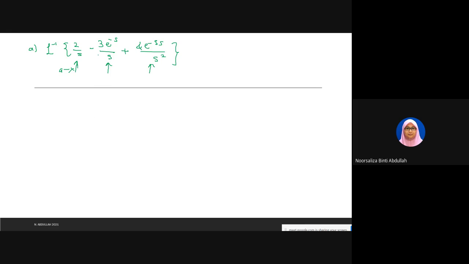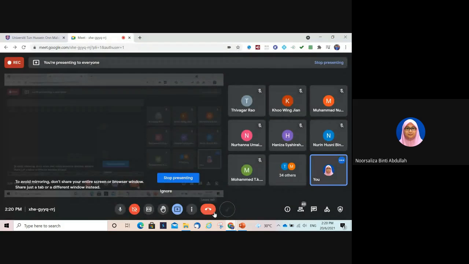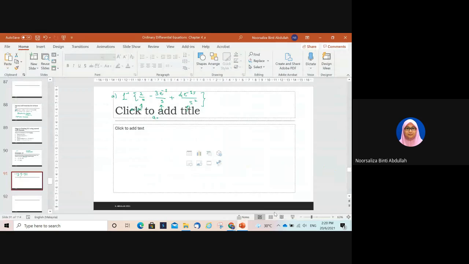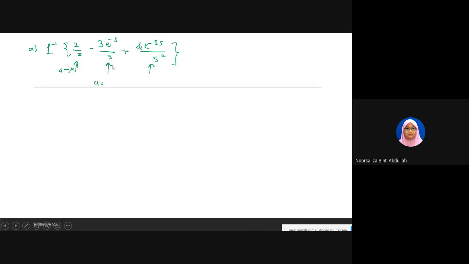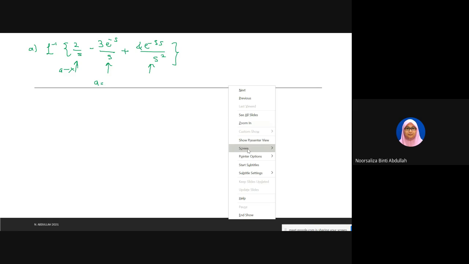What is the A for this? Apa nilai A ni? Apa nilai A untuk yang ini?